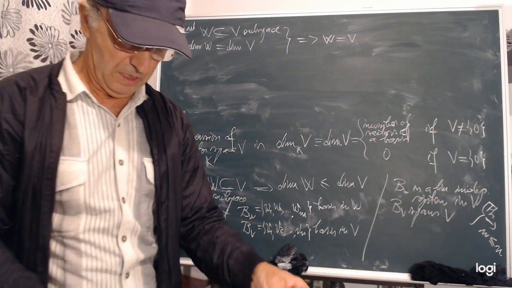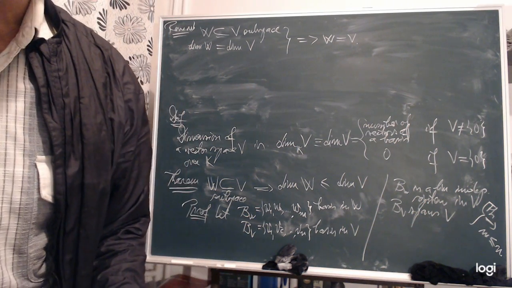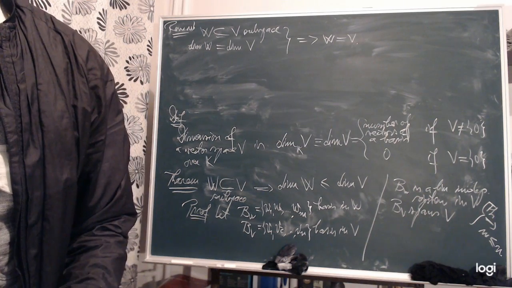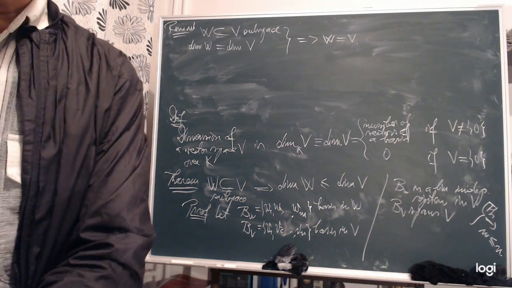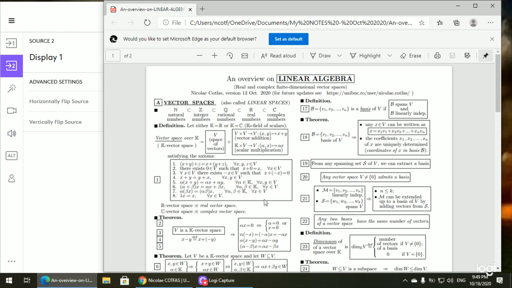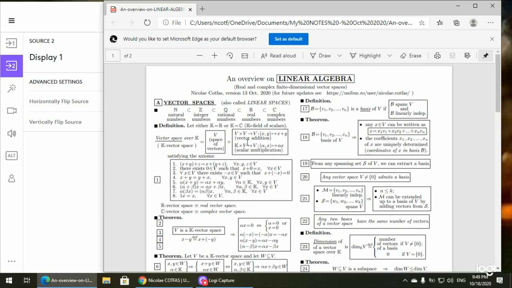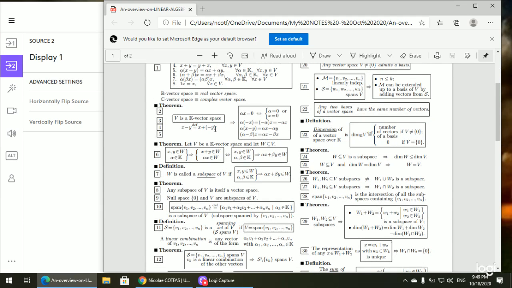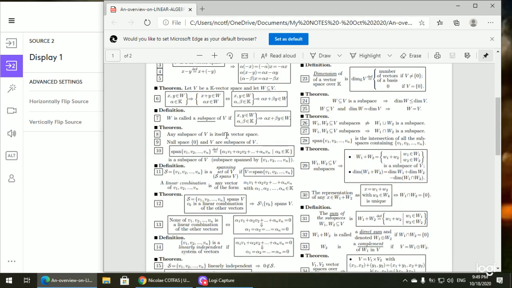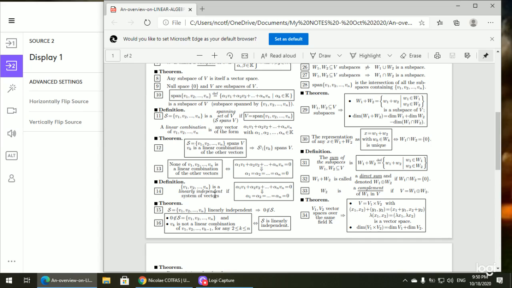Now, just an overview of the presented results. We end with an overview. We have here the definition of a vector space, vector subspace, spanning set, and the definition of a linearly independent system of vectors.